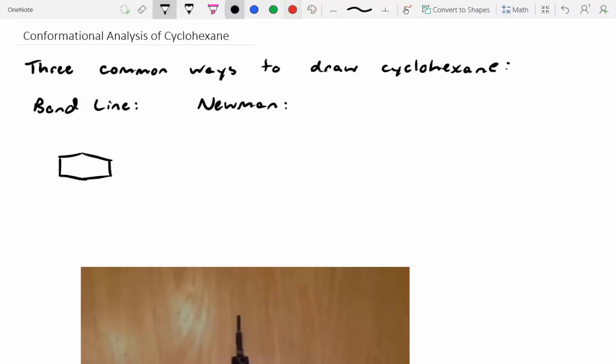With the Newman projection, we're going to have two sets of eyeballs. We're going to look down parallel bonds. So let's imagine this as being two Newman projections that are attached.